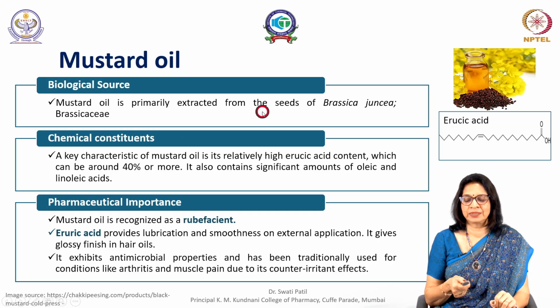Mustard oil is extracted from seeds of Brassica juncea belonging to family Brassicaceae. A key characteristic of mustard oil is that it is relatively high in erucic acid content, which is around 40%.